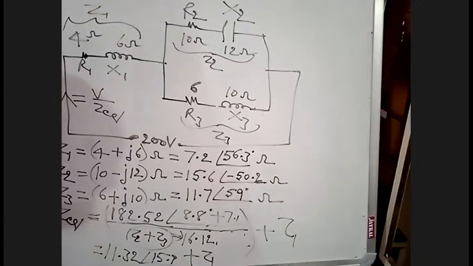Now we got Z equivalent. For addition with Z1, you have to take the rectangle form. Z1 is already in rectangular form: 4 plus J6.